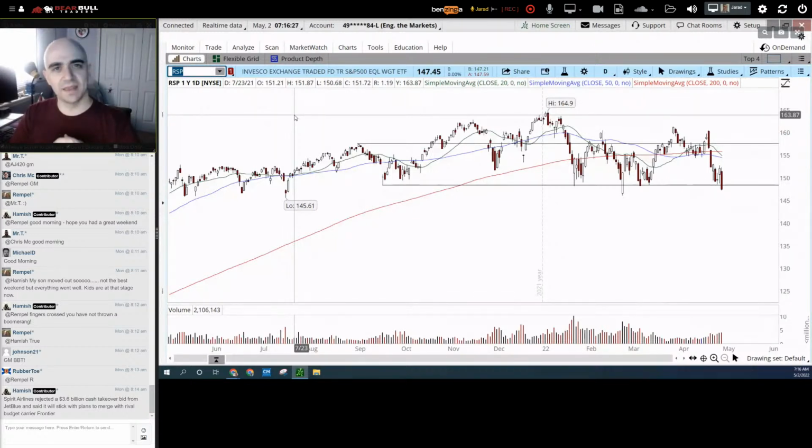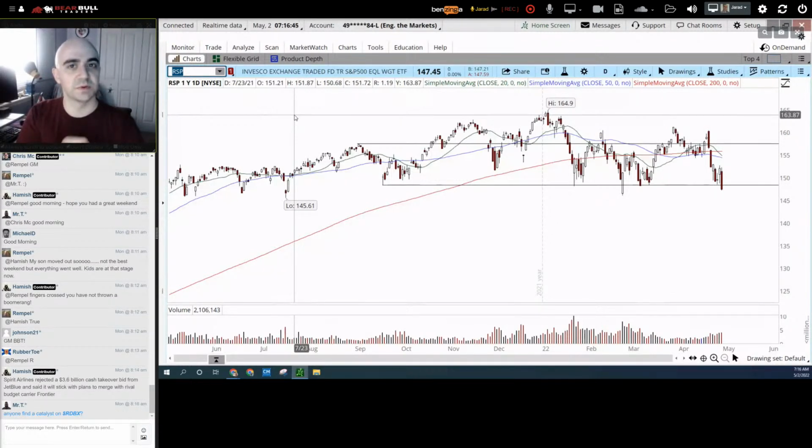So instead of Apple weighing 7 to 8%, Microsoft weighing 6 to 7, and down the list you go, every company in the S&P has the same relative weight, and therefore you can see whether the market has a good breadth to it. Are there a lot of sectors performing in one way? And then of course to the downside, the same is true. If there's poor breadth, then of course the market is more prone to downside.